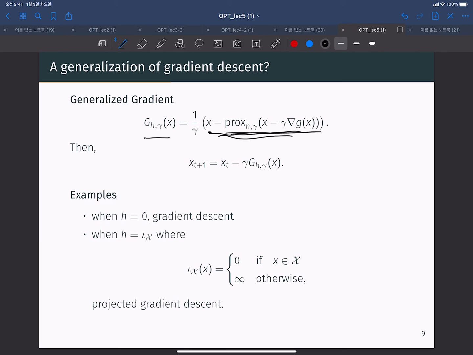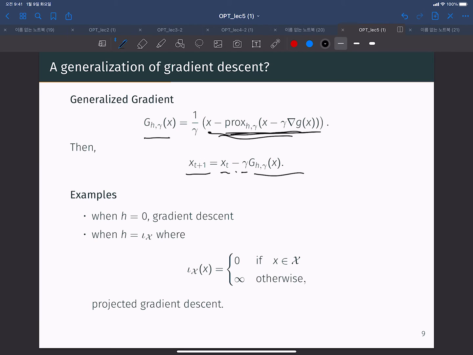So every time, xt+1 is equal to xt minus step size times the generalized gradient. Okay, so this is the proximal gradient descent method. So why is this very useful? Let's consider an interesting example.